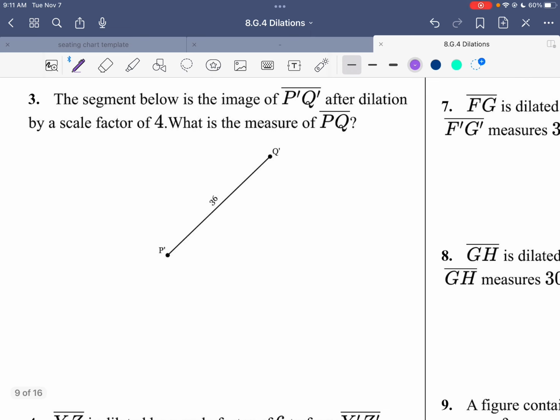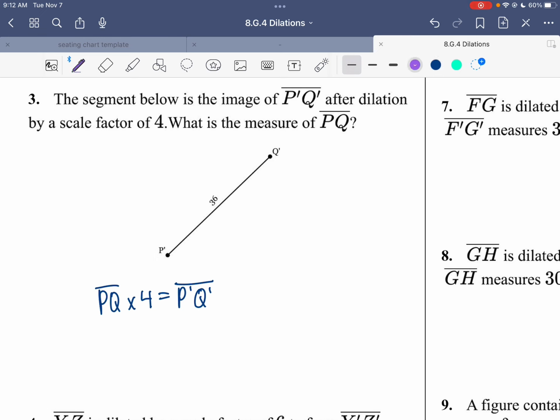Number 3, this says that this is the image P prime Q prime after a dilation by a scale factor of 4, and we're looking for the measure of PQ. So we know that we're going to multiply PQ times 4 to get P prime Q prime.